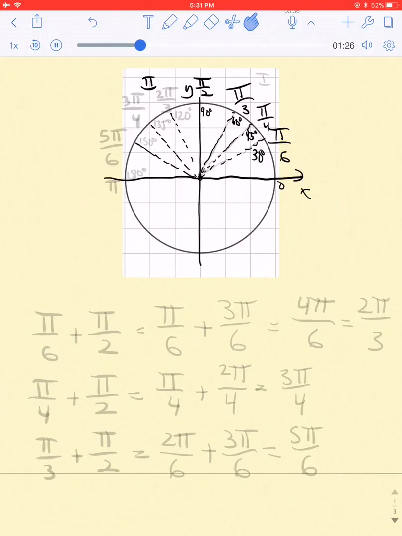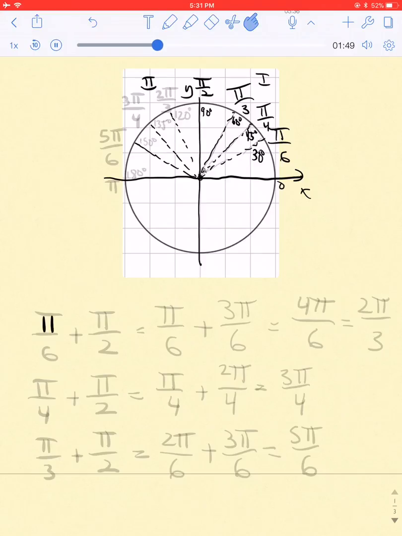A reflection about the y-axis. So, we just need to know a little bit of arithmetic with fractions, and we'll start with that pi over 6, the first 30-degree angle of our quadrant 1.